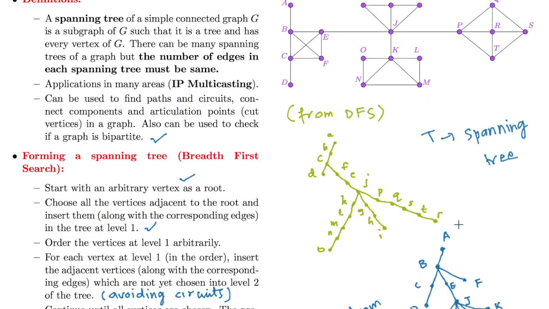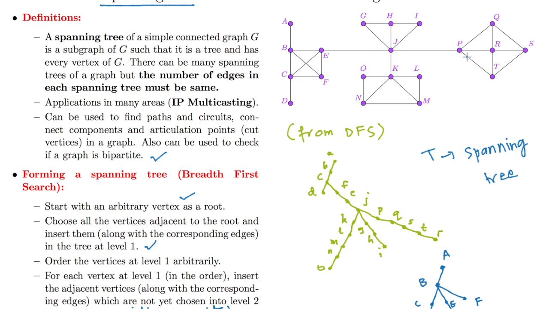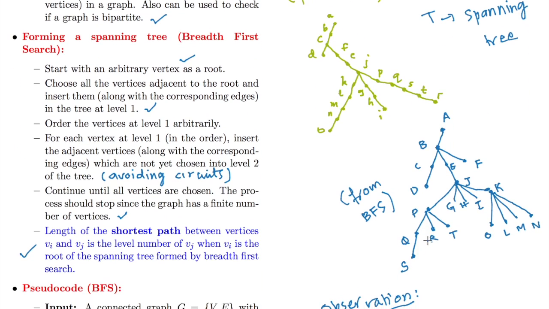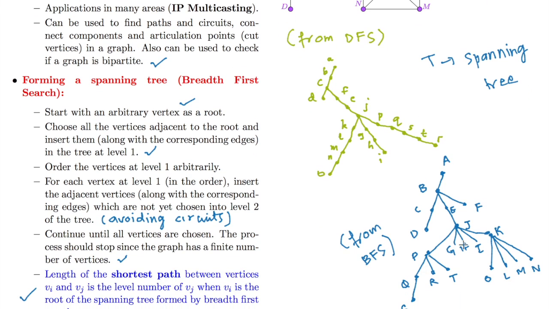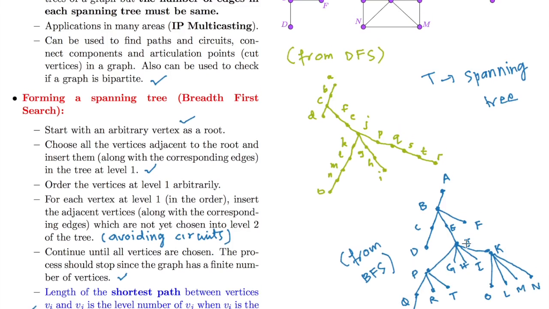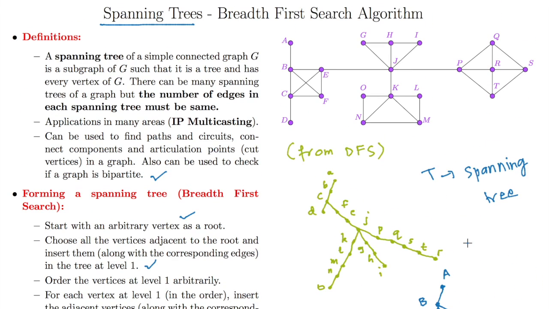Now you can see that, for example, Q to R is now gone, and Q and R are at the same level. Similarly, G to H is now gone, and G and H are at the same level.